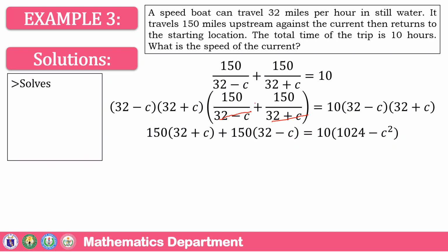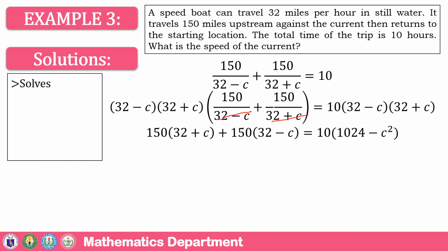pwede tayo mag-FOIL method dito sa dalawang binomials. Ang kalalabasan kapag minultiply natin, first term to first term, 32 times 32, we have 1024. Yung ating outer term tsaka inner term, kapag minultiply natin, ang kalalabasan is negative 32c plus positive 32c.